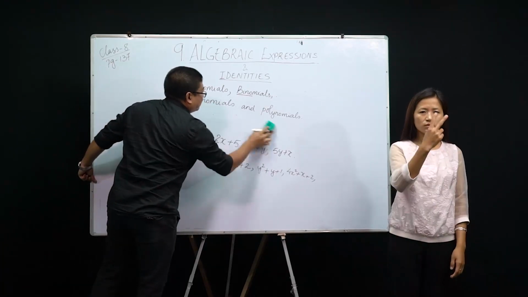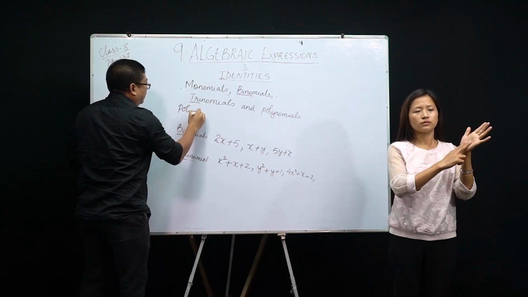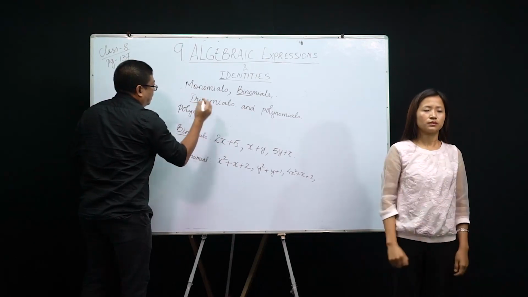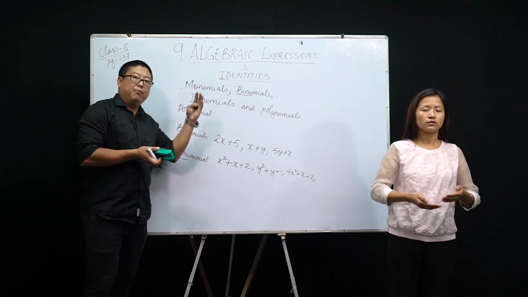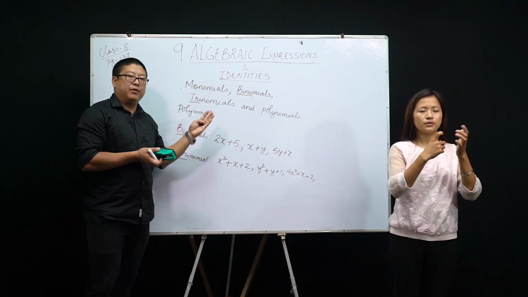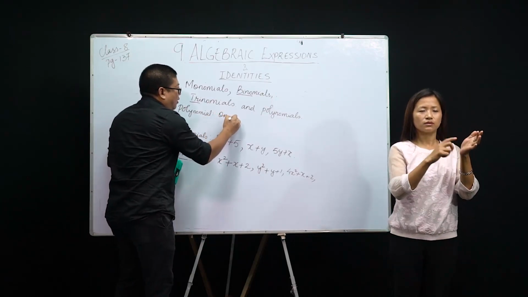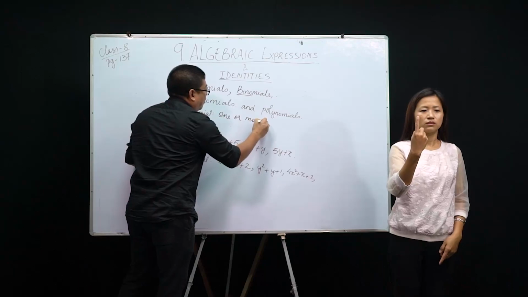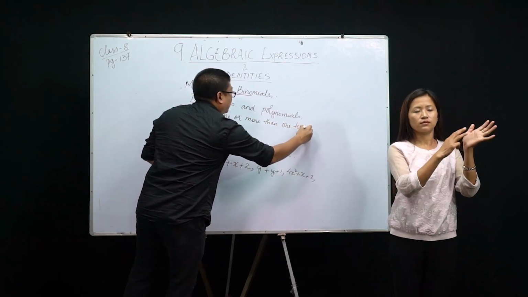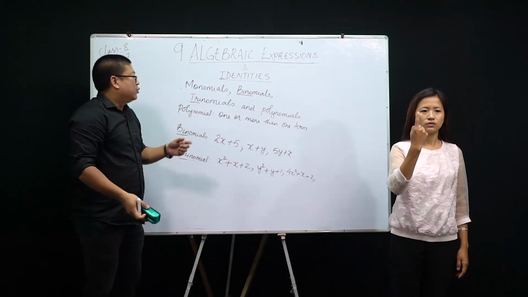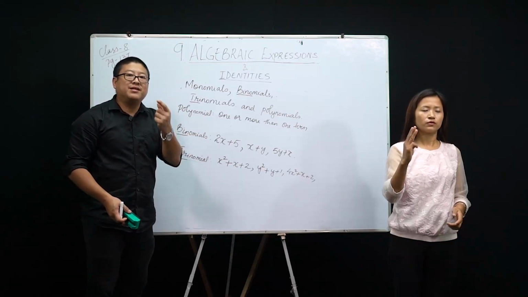Let's look at the last one, polynomial. Polynomial is a combination of all the above: monomial, binomial, trinomial. That means a polynomial can have one or more than one term, even 4 terms, 5 terms, 6 terms.